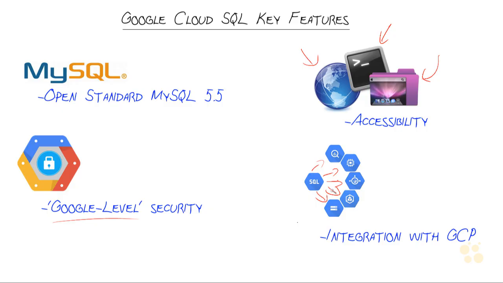You can attach your SQL instances to your Compute Engine instances and make sure that there's always a low latency, high availability connection between your database and your application front end. Plus, you can work with all the different storage options out there, Container Engine, etc., to get data in and out of MySQL or Google Cloud SQL, and making sure that you always have a really good, tight, close-knit integration with all the products inside of the Google Cloud Platform.